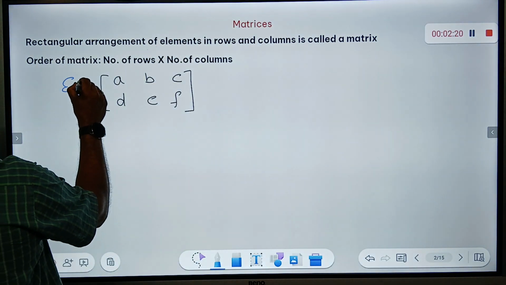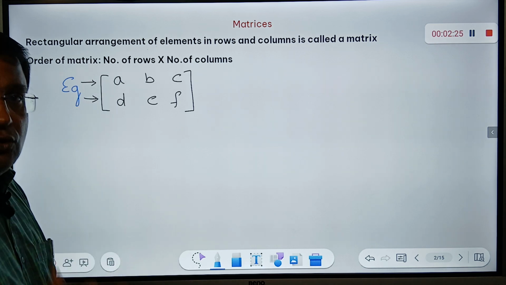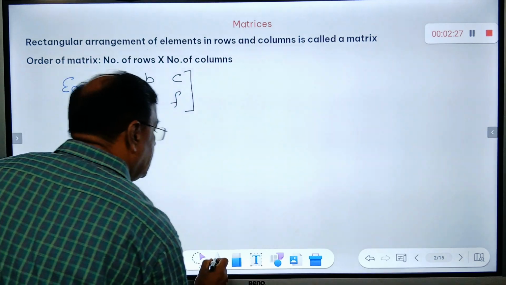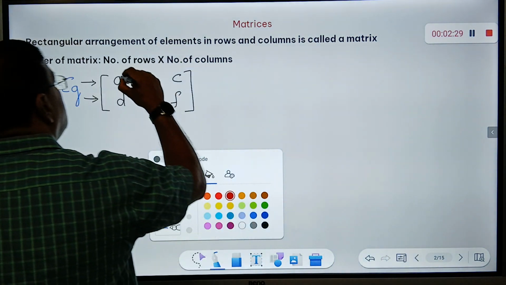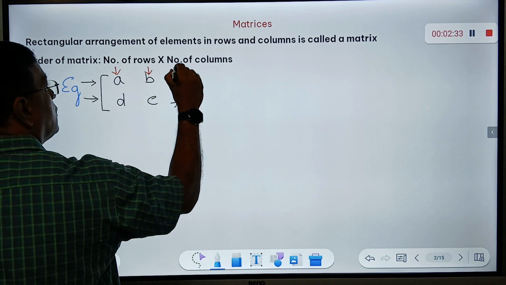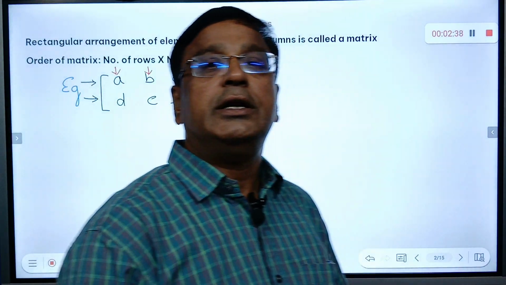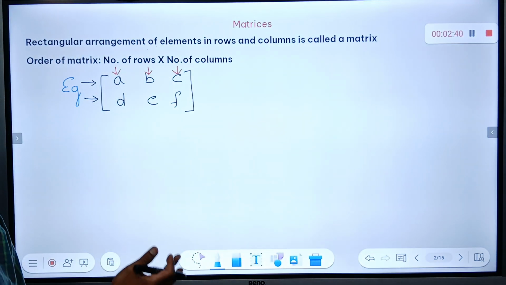Clearly the horizontal entries are called rows, and I will change the color to red. The vertical entries are called columns. Horizontal entries are rows and vertical entries are called columns.